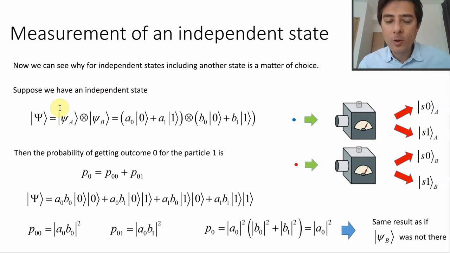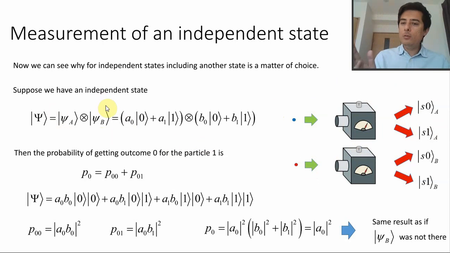What I was saying before is that we are free to include Bob's particle or not. We have that freedom of choice, so we really should get consistent results in either case. What I want to show you here is that you do indeed get the same results as before.